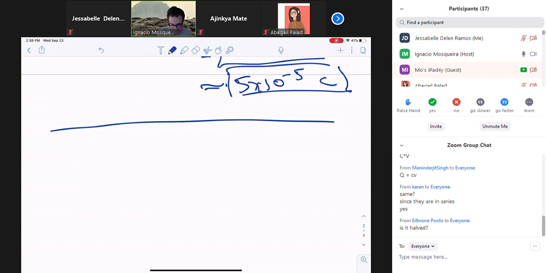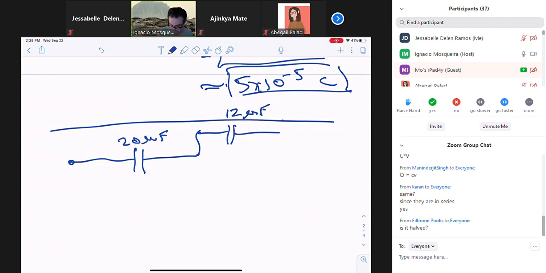So the first question is, here's the circuit, and it's 20 microfarads, and then 12. So we'll get started, but we won't finish. But the first question you would ask is, again, what is the equivalent capacitance of the circuit?